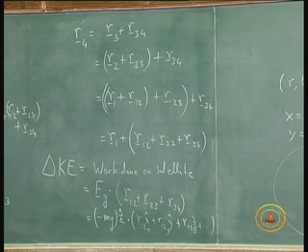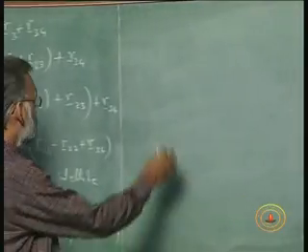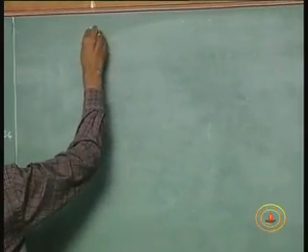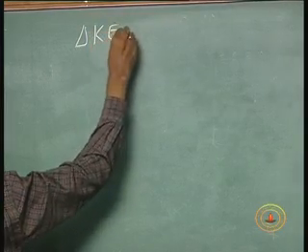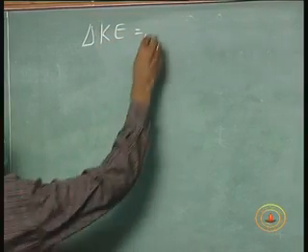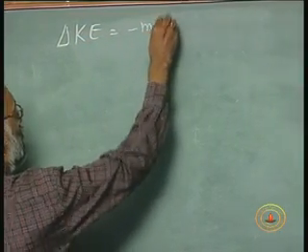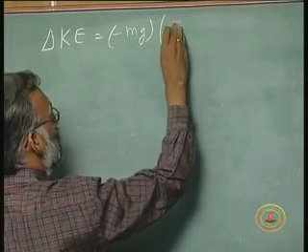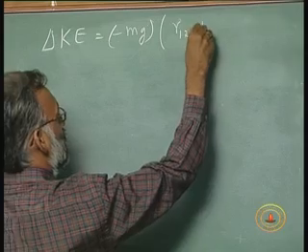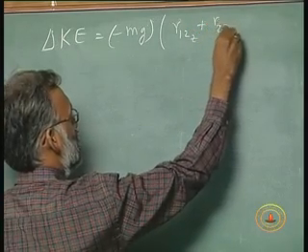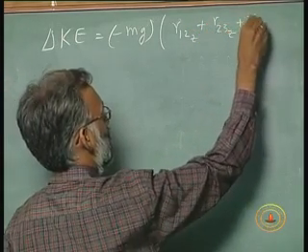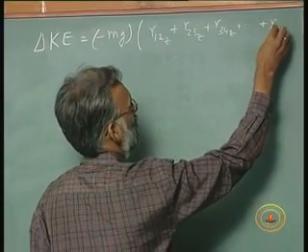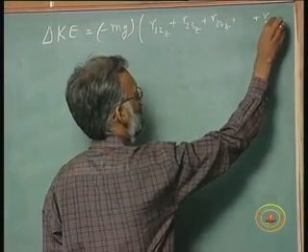So what I get is that the change in kinetic energy is equal to minus mg times r12z plus r23z plus r34z plus r n minus 1 n along z.